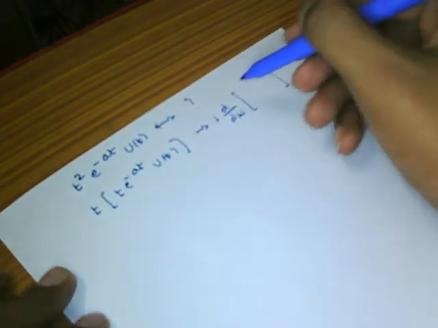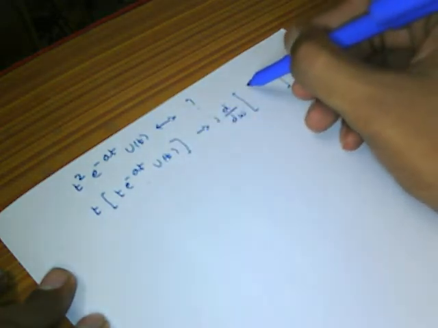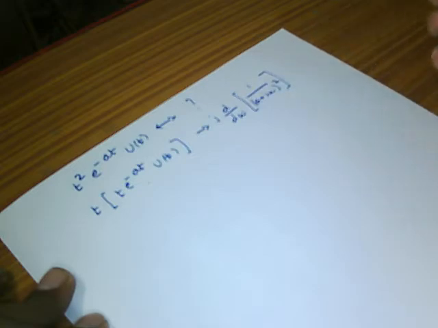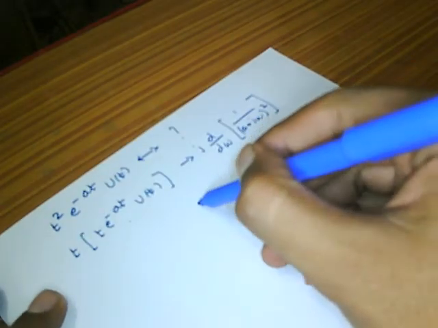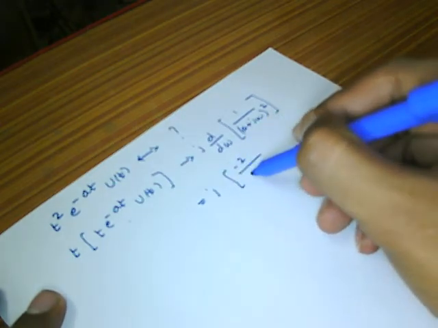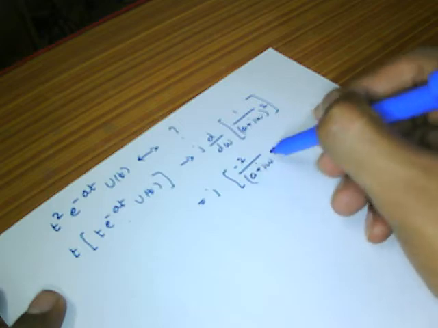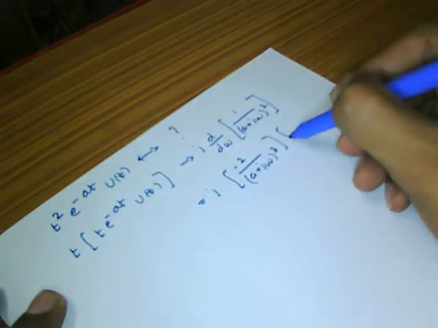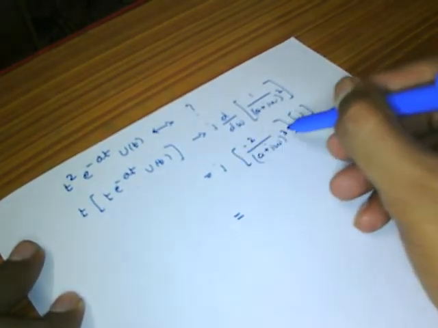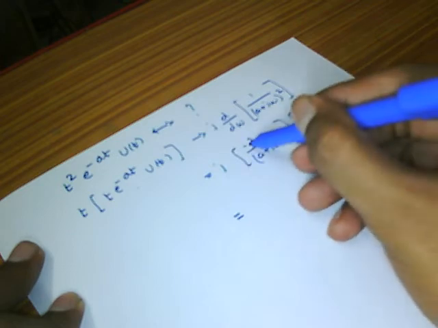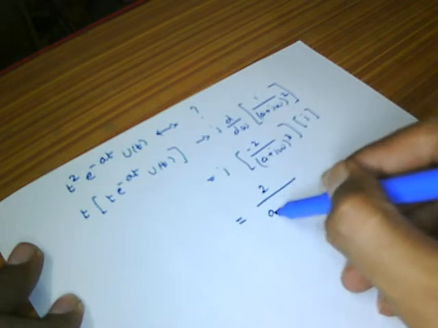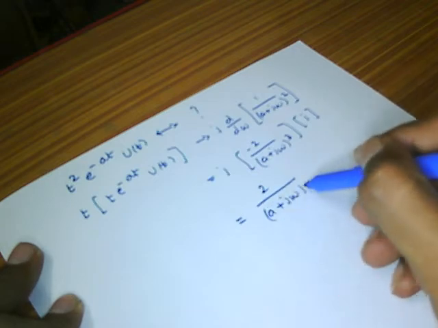What is the Fourier transform of this, which we have already got? That will be 1 by (a plus j omega) whole square. Correct. So that will be equal to again j into minus 2 by (a plus j omega) whole cube into again j. So j into j is minus 1, into minus 1 is plus 1. So this will be equal to 2 by (a plus j omega) whole cube.